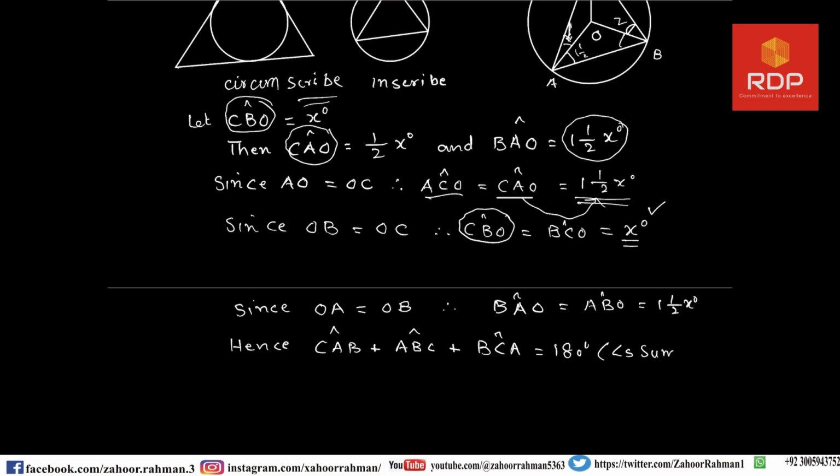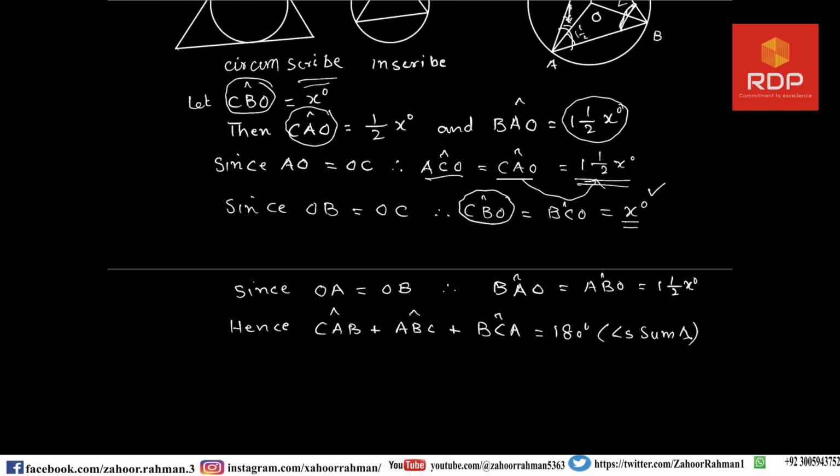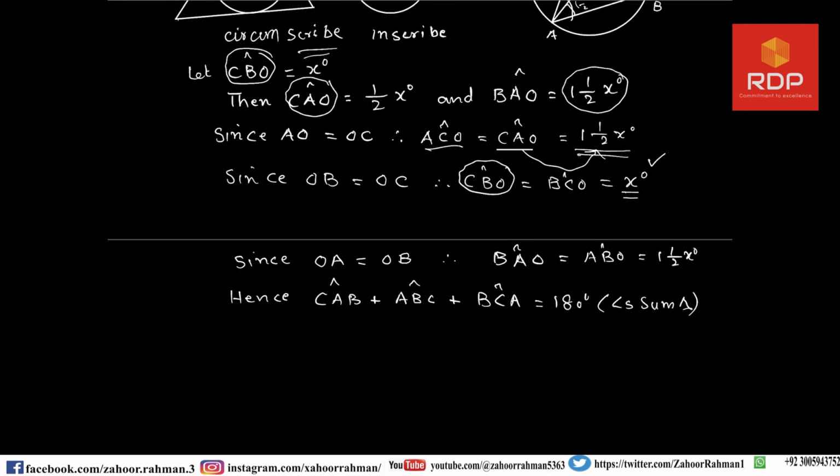CAB is totally this angle, ABC is totally this angle, and BCA is totally this angle. This is a triangle, which is inscribed. Now we have to put the values.